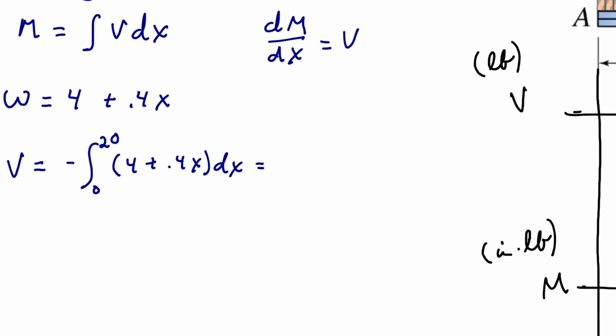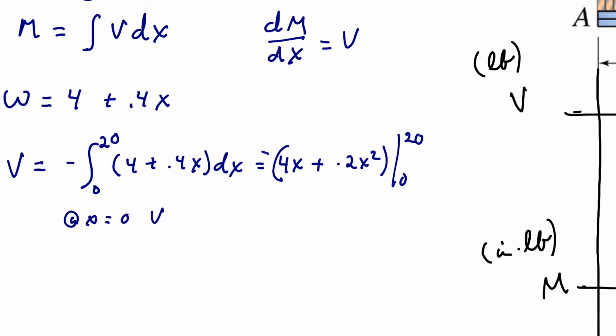And if we integrate that, we get, with a negative on the outside, 4x plus 0.2x squared, evaluated from 0 to 20. So if I evaluate this from 0 to 20, at x equal to 0, our shear will equal 0. At x equal to 20, our shear will equal 160 pounds negative.